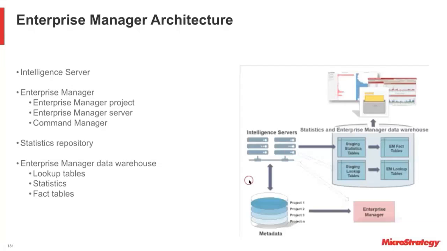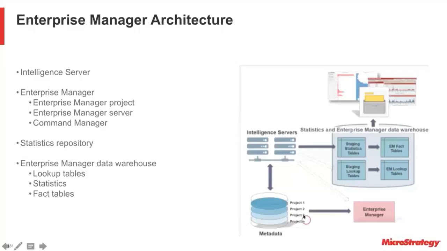Okay, so this is just a visual of the Enterprise Manager architecture, in terms of the different components that are required and where the Enterprise Manager resides. Since we say that it's collecting data, it's tapping into the intelligence server and capturing every activity that's taking place in the intelligence server. So that'll be the main component of it.